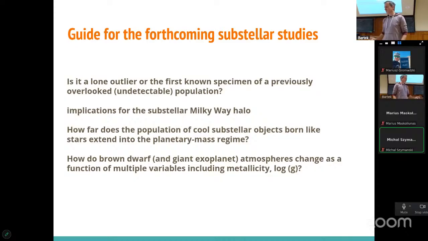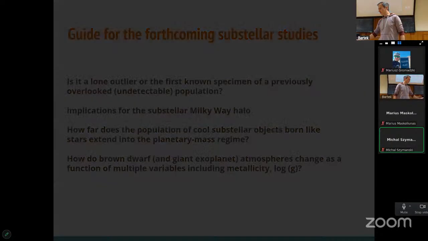And also, it's a good laboratory to study atmospheres and the roles of different variables other than temperature and mass. How do the metallicity, the gravity, and the age influence the observed properties of these objects?